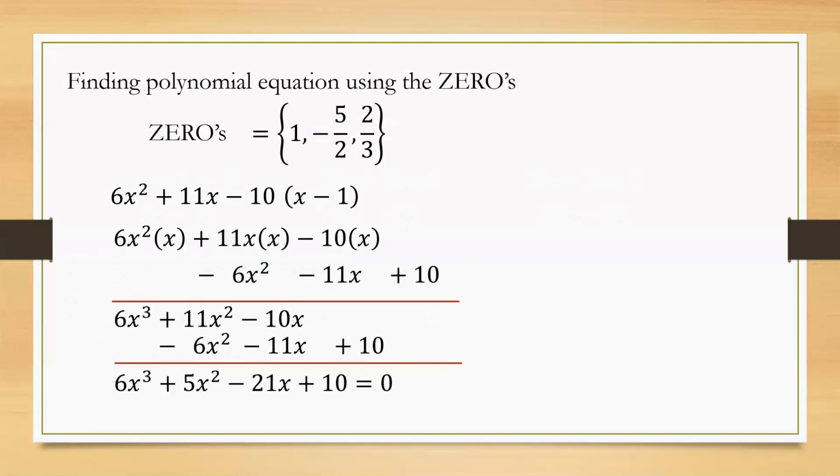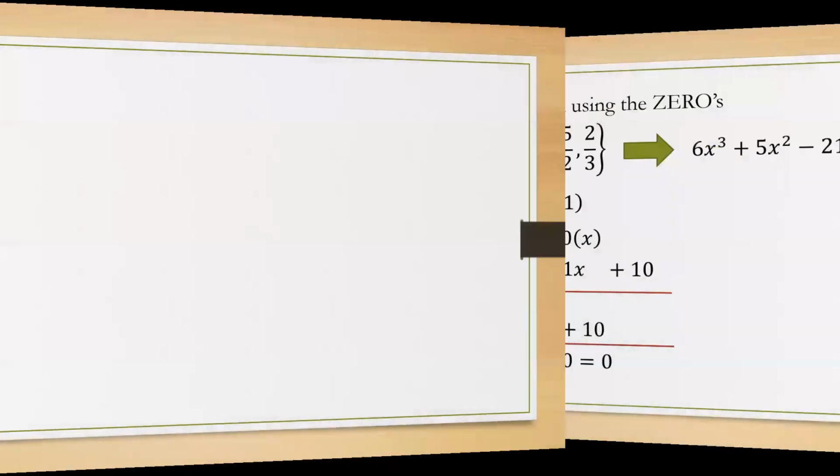So I have negative 21x. You notice yung 10, wala nangyari kasi wala naman siyang kamukha. The same also with 6x cubed, wala naman siyang kapareha. Okay, so ang polynomial equation natin, the following zeros of 1, negative 5 over 2, and 2/3 is 6x cubed plus 5x squared minus 21x plus 10 is equal to 0. Okay? So I hope that is clear to you.